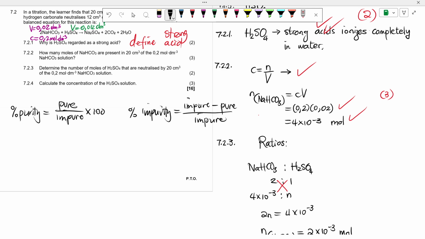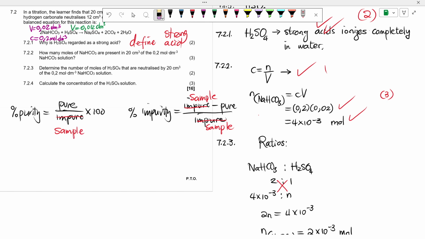Impure in this case, I'm just talking about the sample, not the mass of the actual impurities. I think it's smart to say the word sample, because if I say impure, it might sound like it's the mass of the impurities.